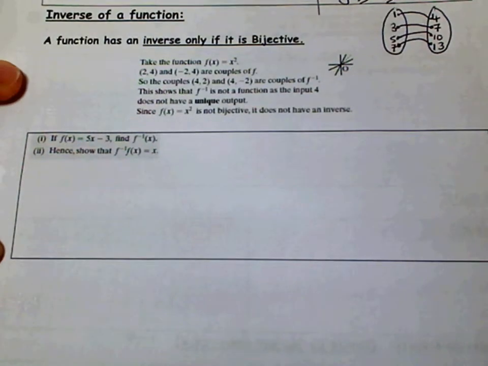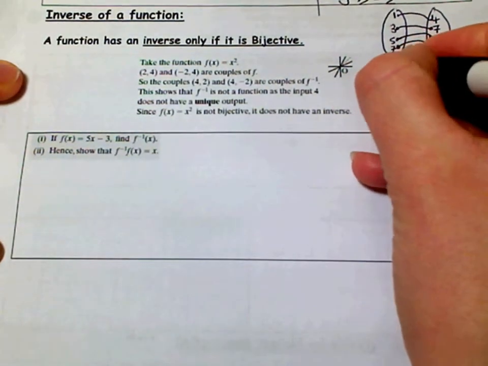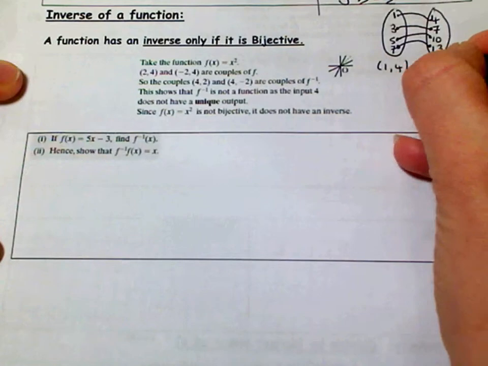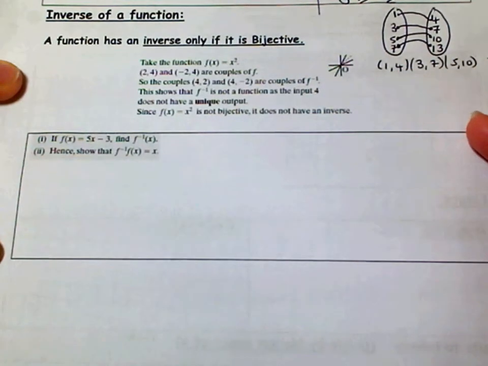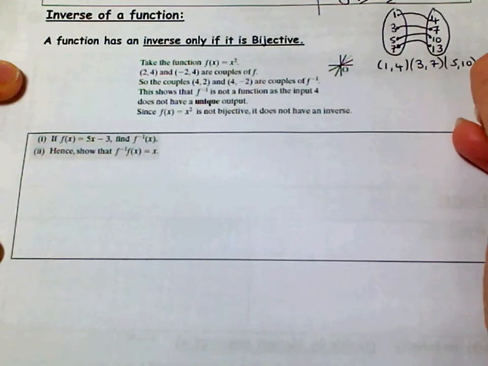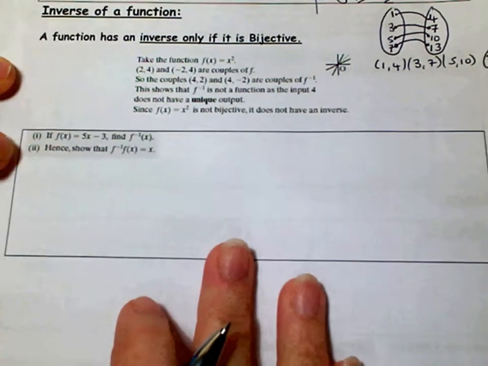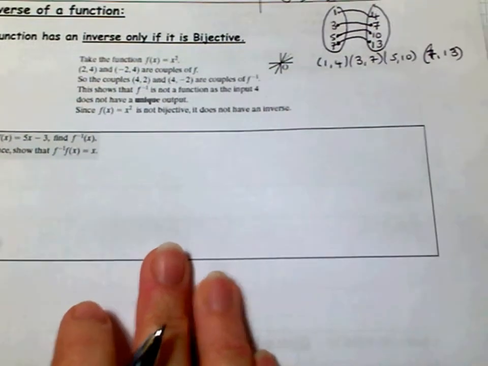Now, the couples from that are going to be 1, 4, 3, 7, 5, 10 and 7, 13. Okay, so that's the couples from that particular mapping diagram.